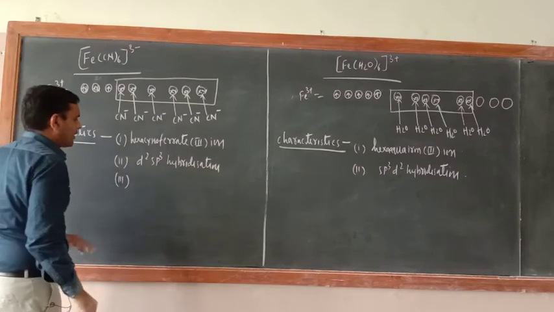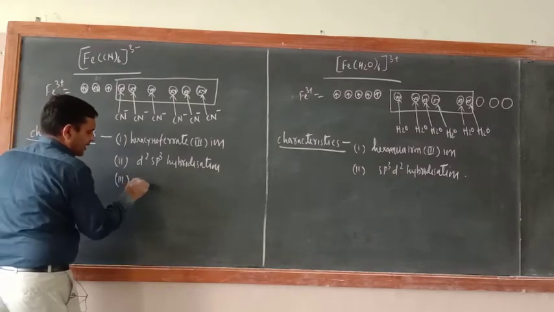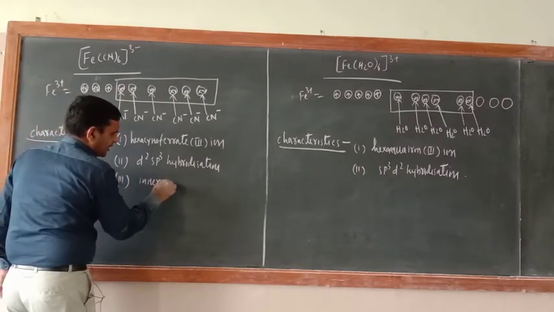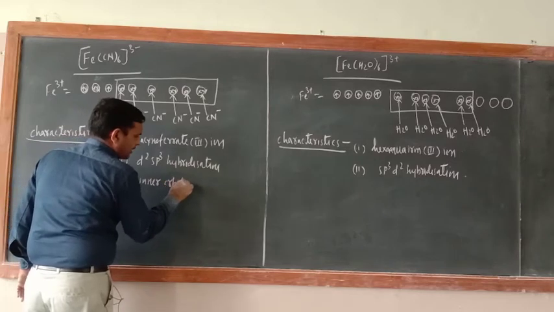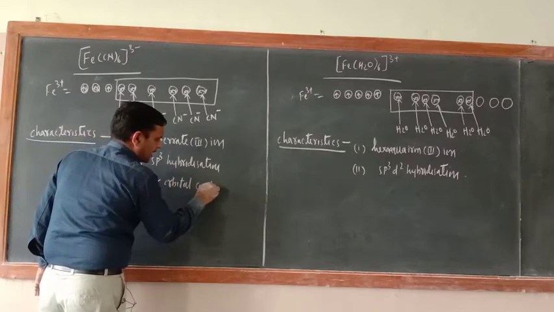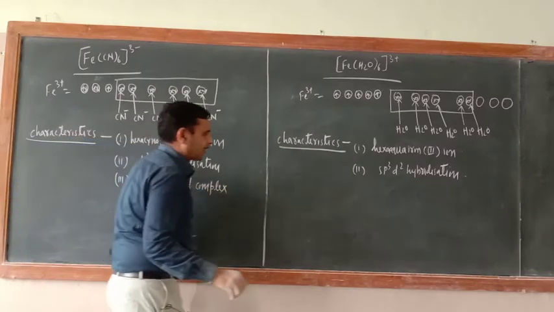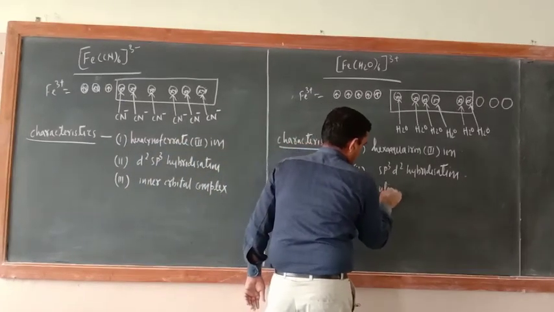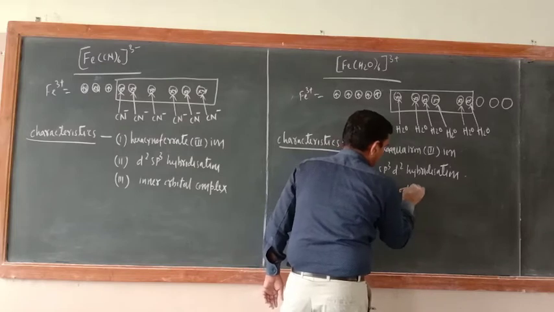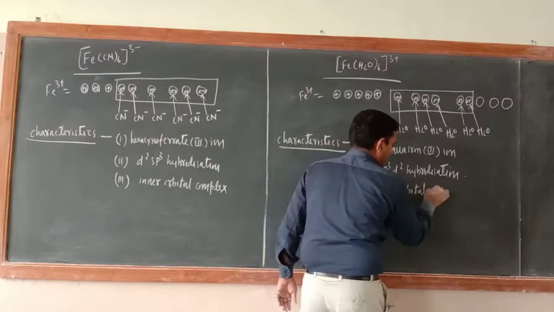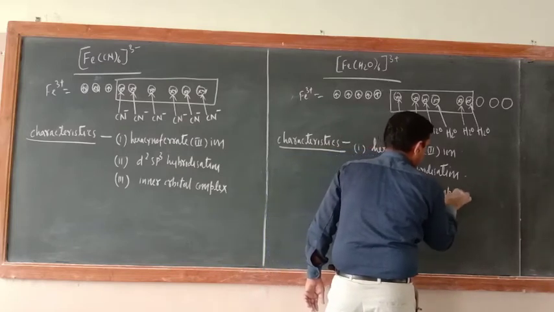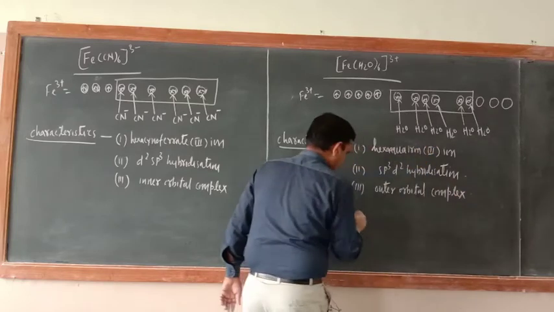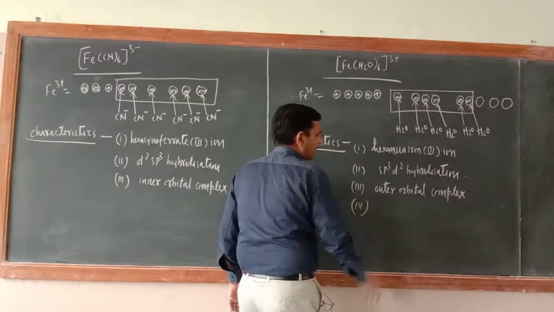What is the next one? This would be inner orbital complex. What is the name of this one? Outer orbital complex. What is the next number?